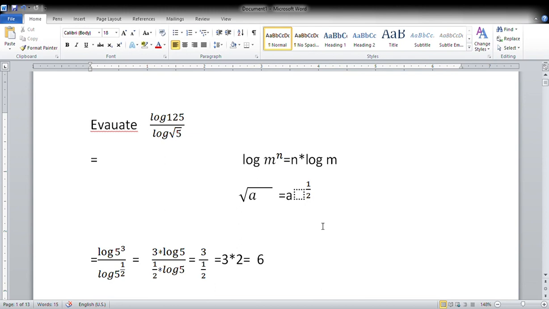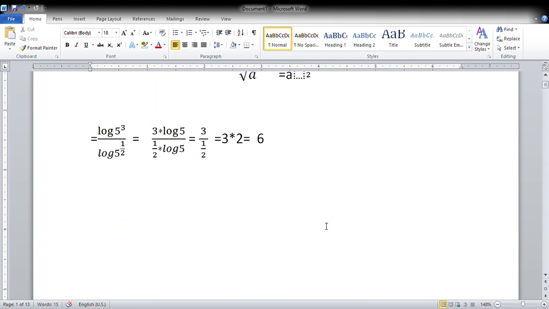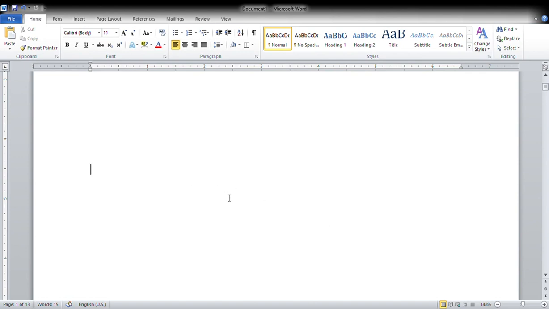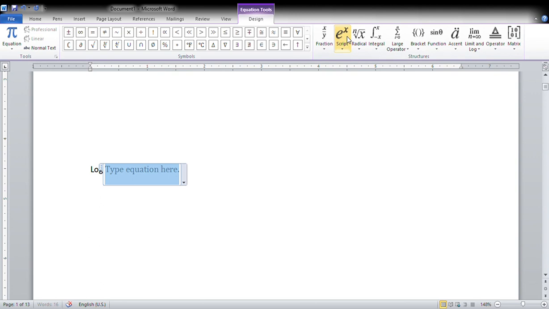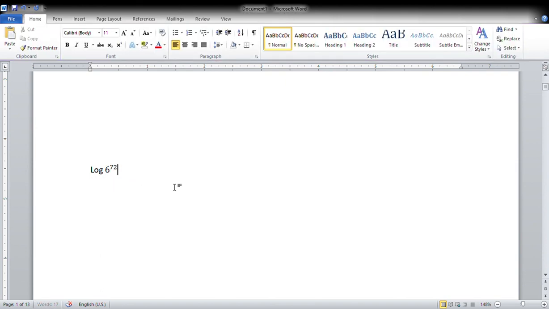What is the second problem? The second problem is that suppose it is given log 72 with the base 6, right?